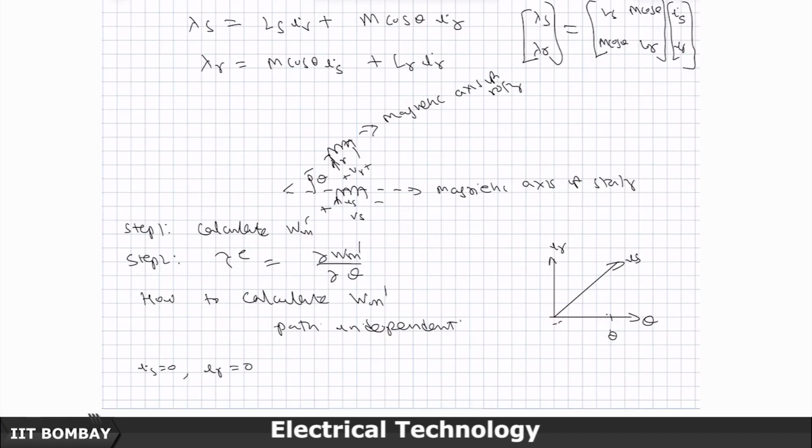Then what we will do? We will increase, keeping IR 0, we will bring IS, I will call this as IS dash and IR dash. Dash here is just a dummy variable, because current finally I want to show it as IS. So, I will increase the stator current from 0 to IS, and then finally, now theta is also at its right position, current in the stator winding is also at its right position, and then I will increase the rotor current and bring it up to IR.